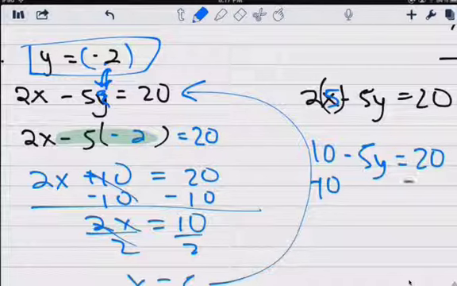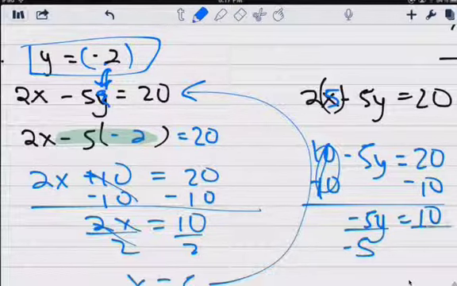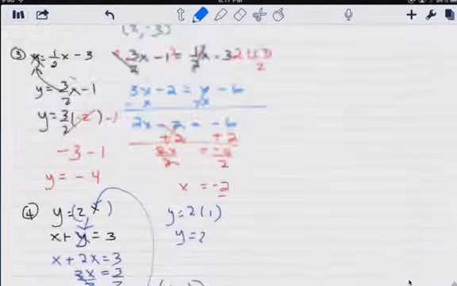Minus 10 minus 10. 0 minus 5y is negative 5y equals 10. Divide by negative 5. Y equals negative 2. So your solution, see, y is negative 2. Same thing. Is 5 and negative 2. 5 and negative 2 is marked off.